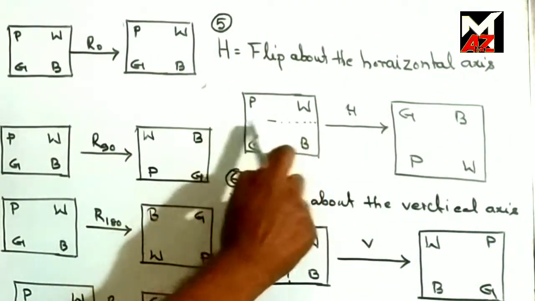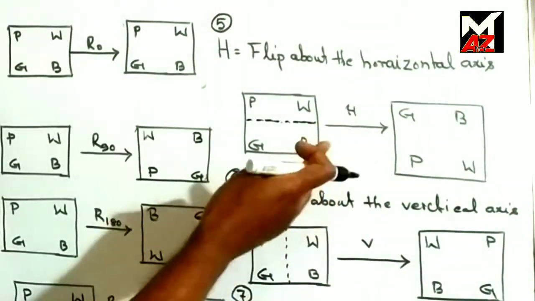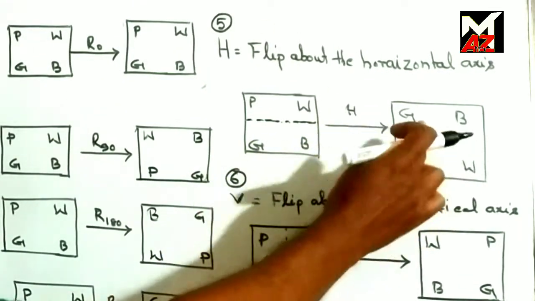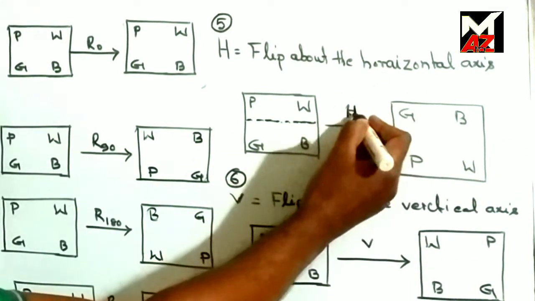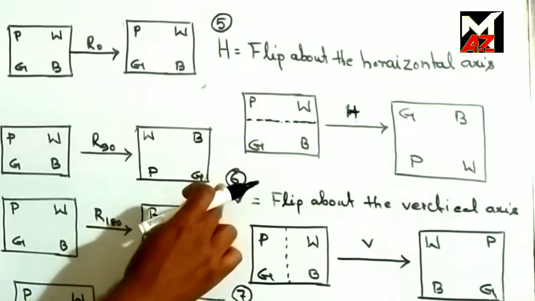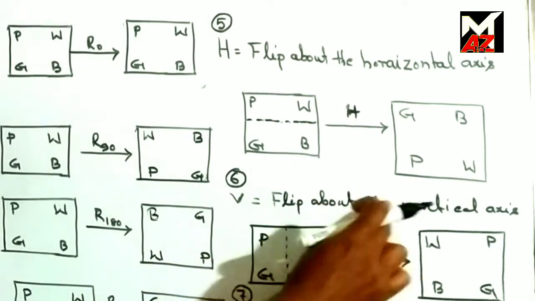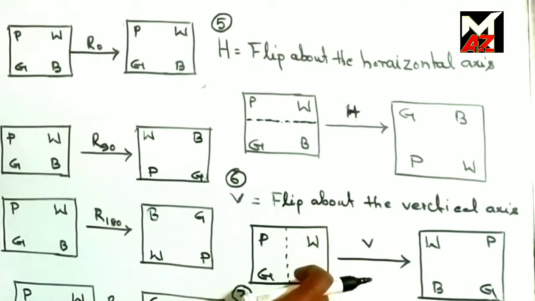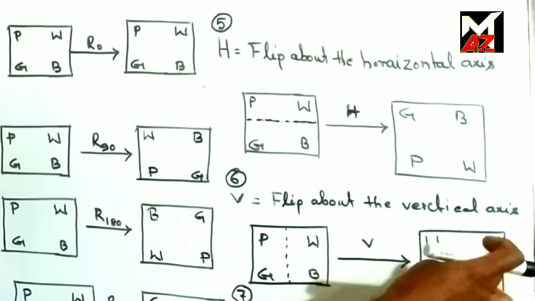If we flip the square about the horizontal axis, PWBG becomes GBPW, and this is named H. Sixth, V, the flip about the vertical axis. PWBG becomes WPBG under V.